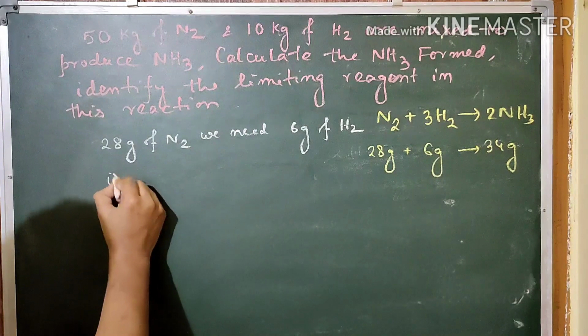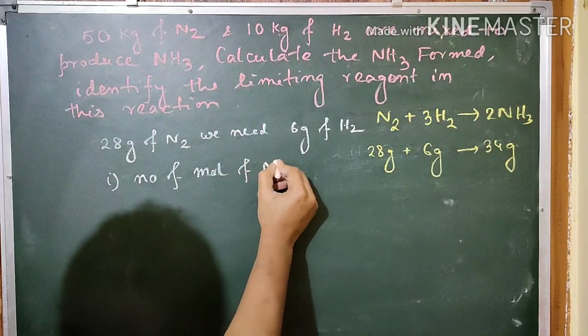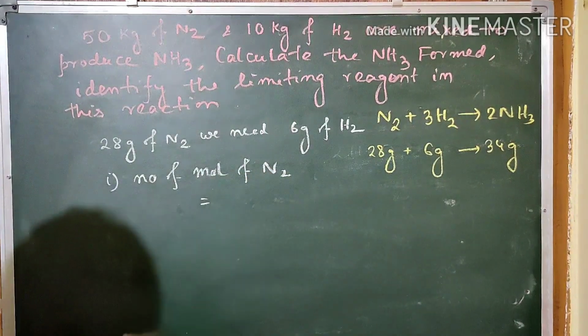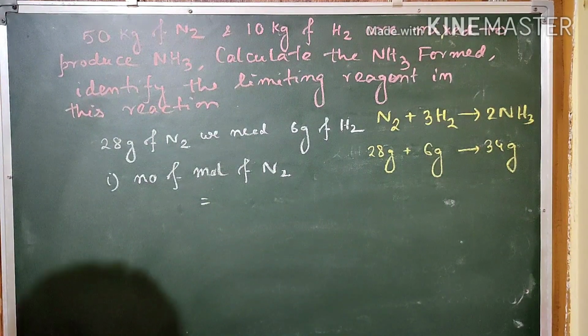First is the number of moles of nitrogen present. Here it is 50 kg, which is already given.